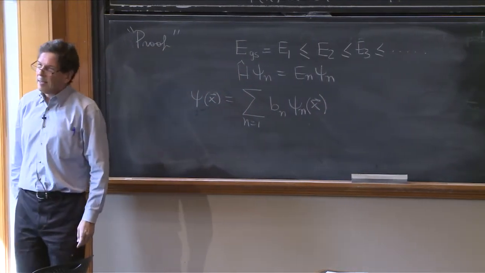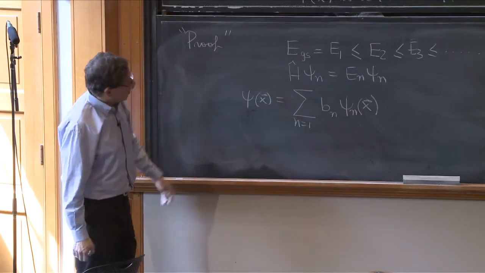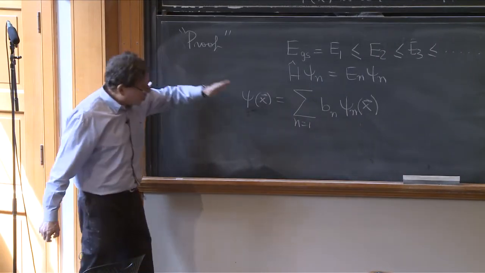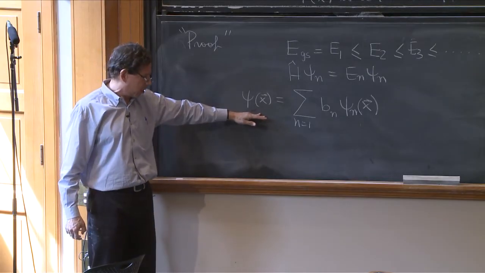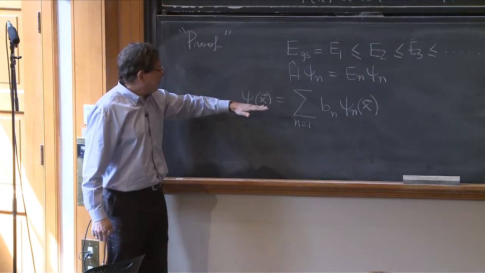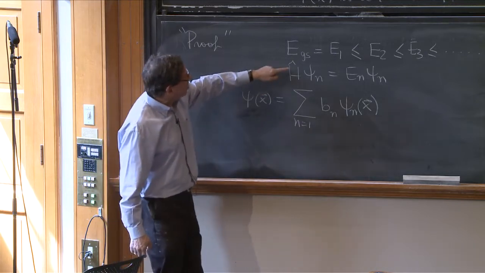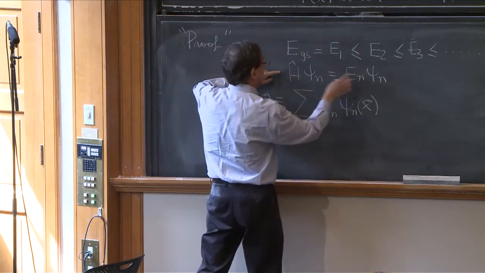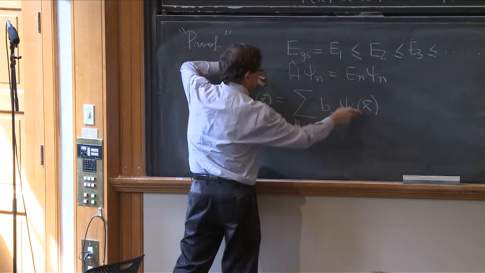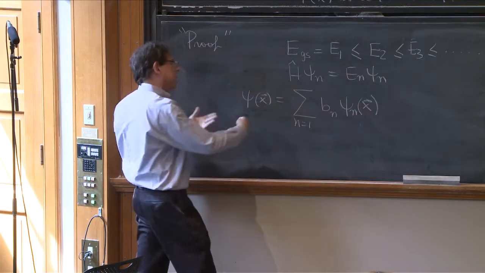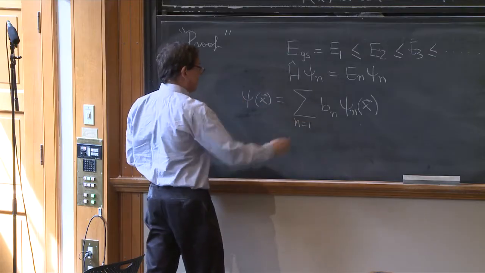So let me clarify this point. This is a trial wave function, it doesn't solve the Schrodinger equation. So it doesn't solve this energy eigenstate equation. In fact, it doesn't solve it because it's a superposition of many in here. So that's consistent with this.